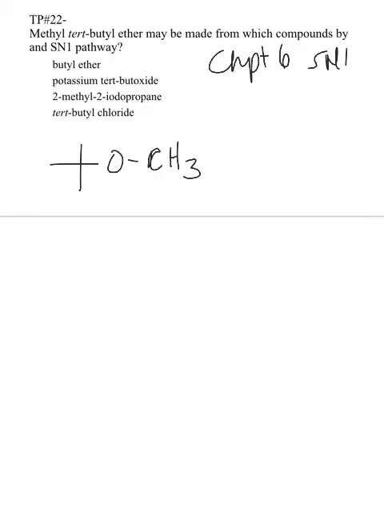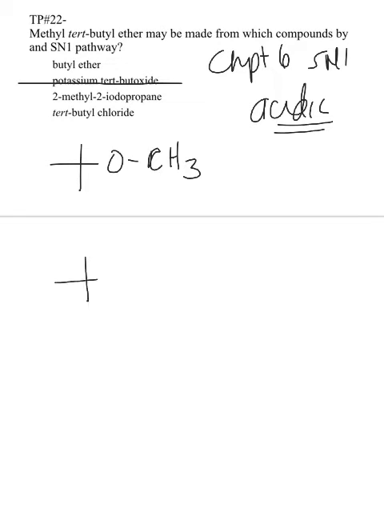So this is your methyl tert-butyl ether. And for an SN1 pathway, it needs to be acidic. So you don't want a base. So let me just tell you right now, for SN1, you don't want a strong base. Potassium tert-butoxide, yeah, that's a strong base, so you don't want that.